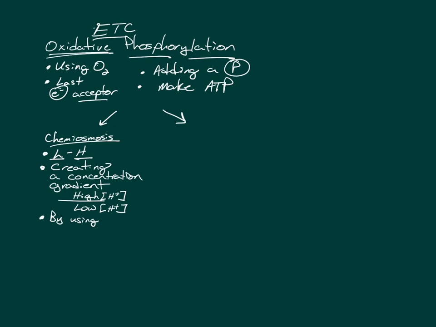But we do it by using electrons that we got from where? Glycolysis and the Krebs cycle.